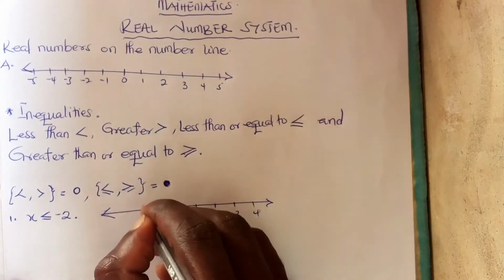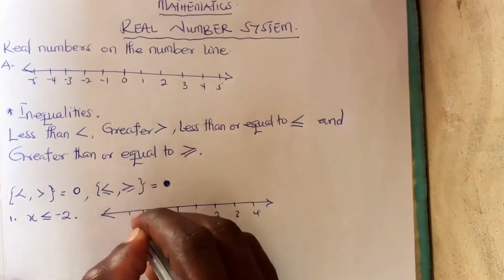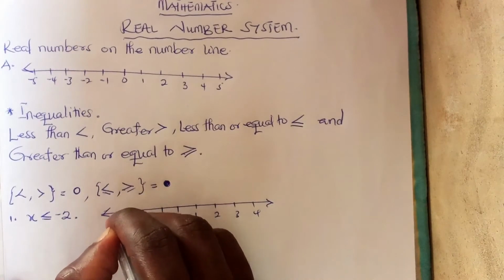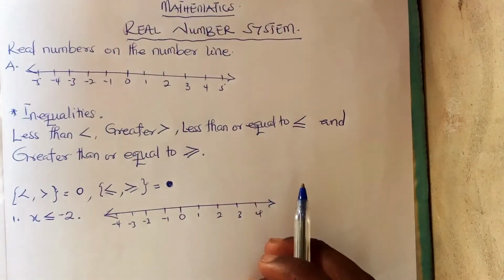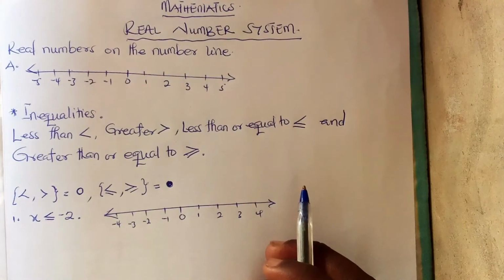Minus 1, minus 2, minus 3, and minus 4. Note that all the numbers behind the 0, on your left, are decreasing, of which are negative, and all the numbers on your right that are positive are increasing. So the 0 is a turning point for them. On your right it's increasing, and on your left it's decreasing.